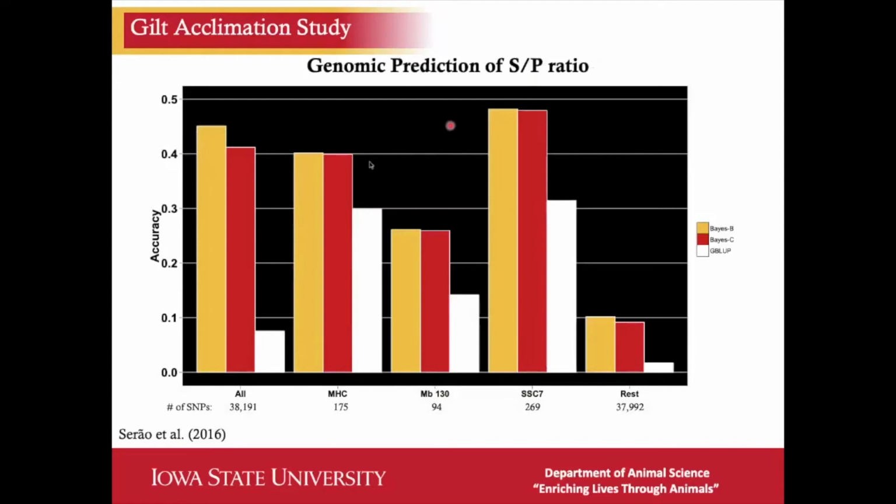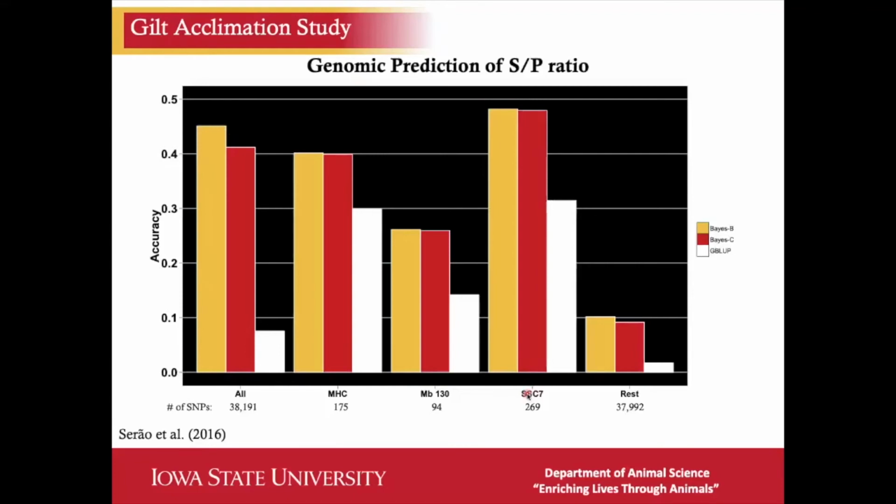What I'm showing to you are the accuracies of how good we can use these genetic markers. Each group of bars just represents a different number of genetic markers. But I want you to look at this fourth group of bars, where we're using 269 genetic markers on those two genetic regions that I talked about.